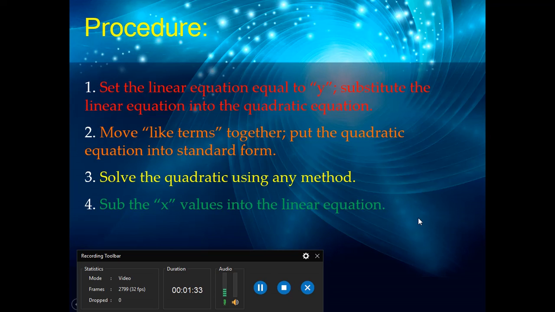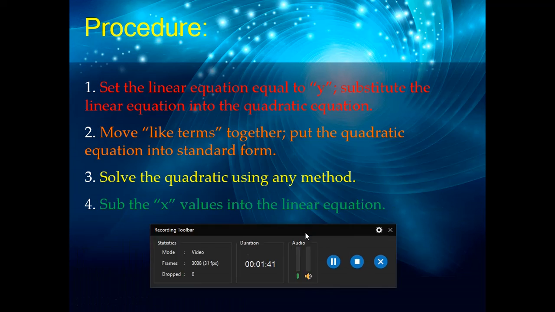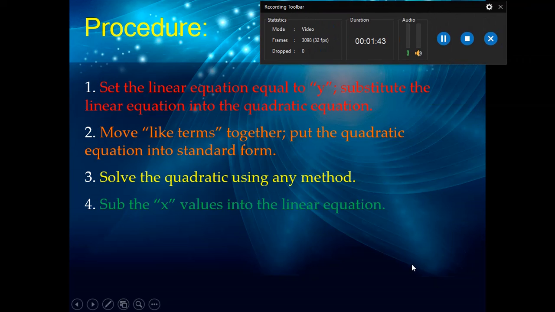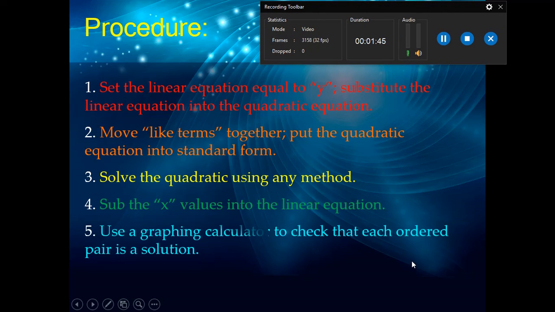Once you've obtained your roots, you could have 1 or 2 options. We're going to sub those x values into the linear equation. When you sub them into the linear equation, what you're going to get are the y values. So the quadratic will produce the x's, the linear will produce the y's, and you'll have the ordered pairs where both equations intersect.